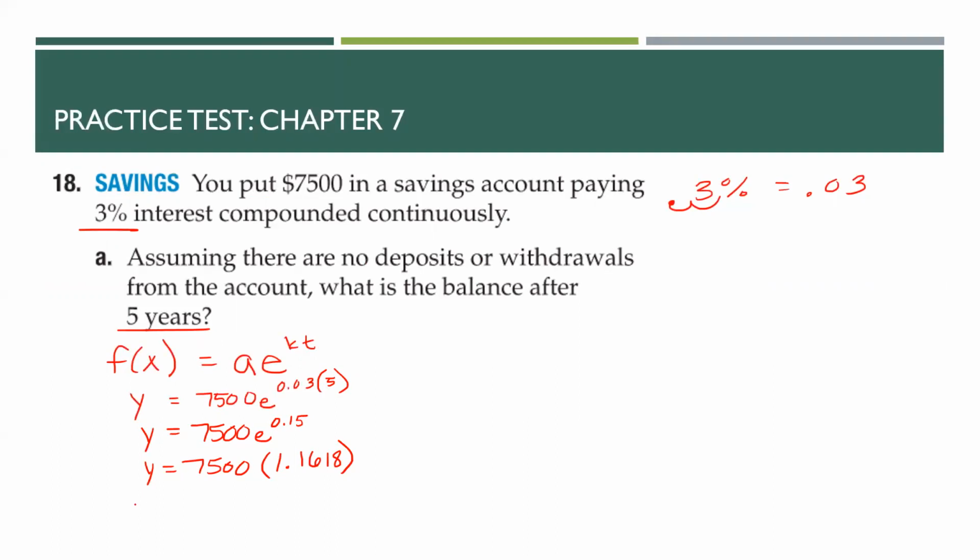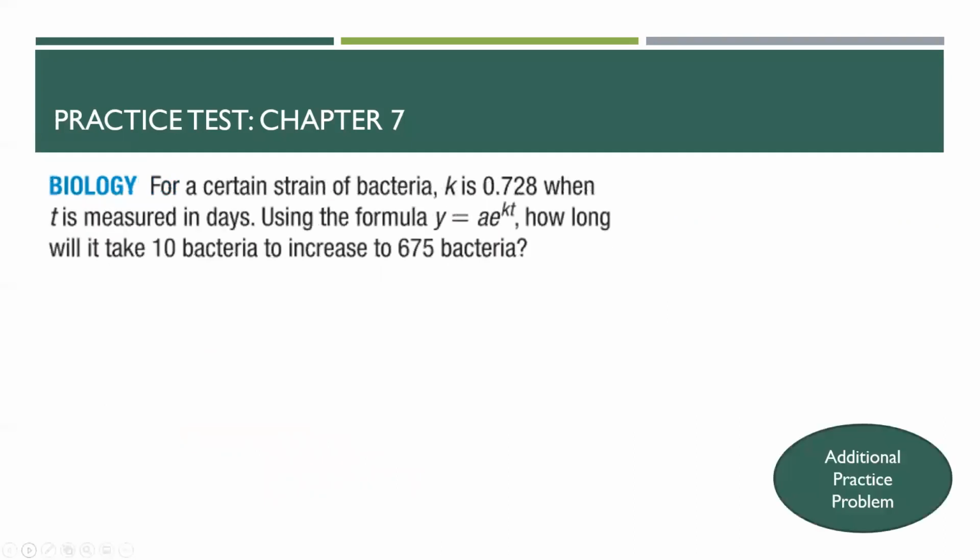And then when you multiply that by 7,500, you get $8,713.76, rounded to the nearest hundredth, because we're talking about money here. Okay, so $8,713.76. So you're just plugging in the information that you're given into the equation.